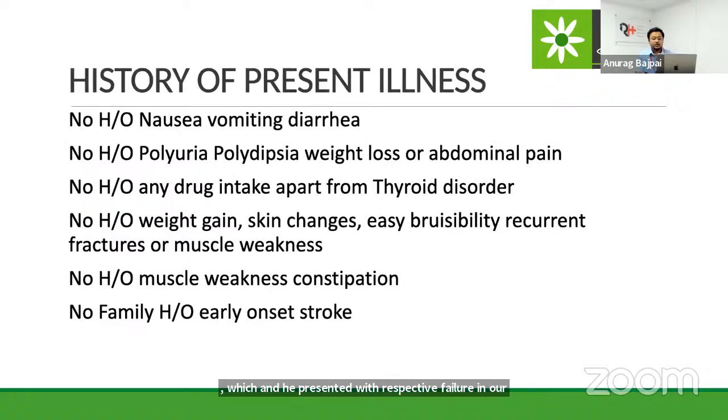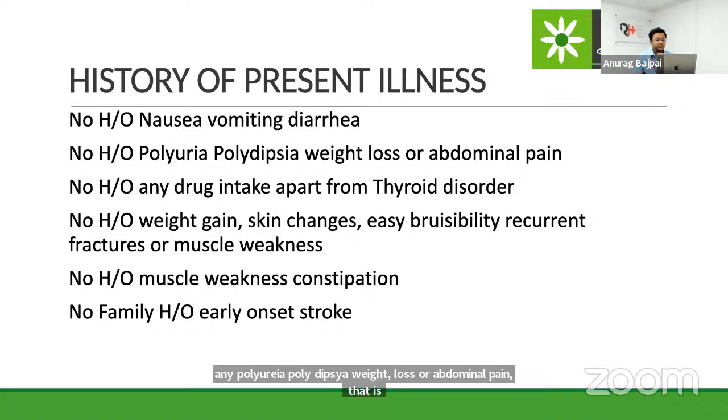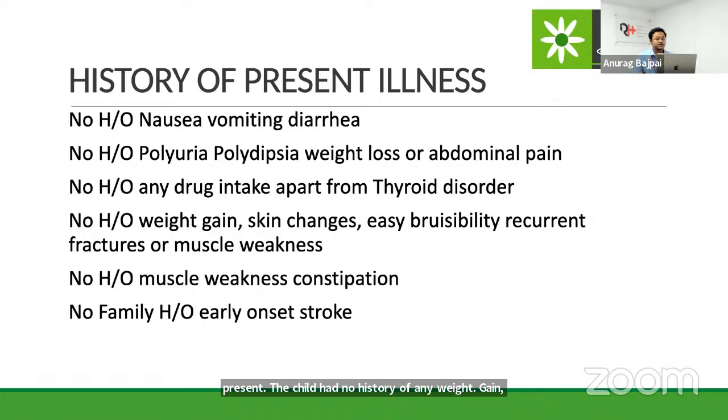From the chief complaints, there was no history of nausea, vomiting or diarrhea. There was no history of polyuria, polydipsia, weight loss or abdominal pain. The child had no weight gain, skin changes, easy bruisability, muscle weakness or constipation. The child hadn't taken any drugs apart from thyroxine supplementation for the thyroid disorder.